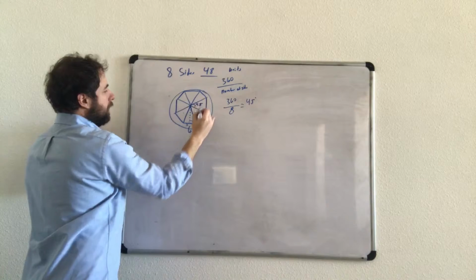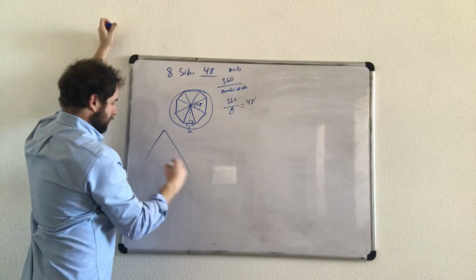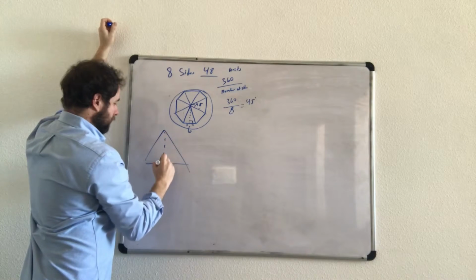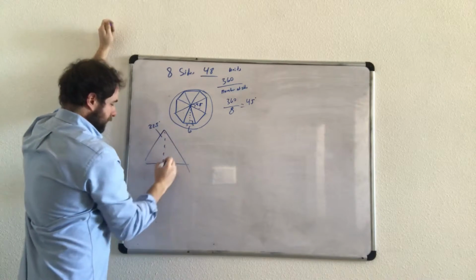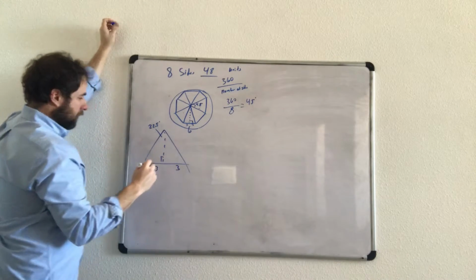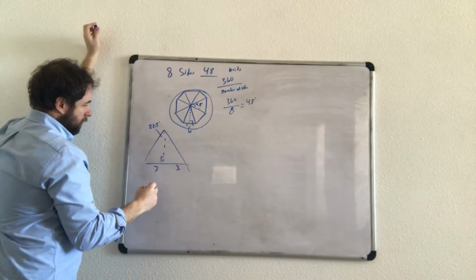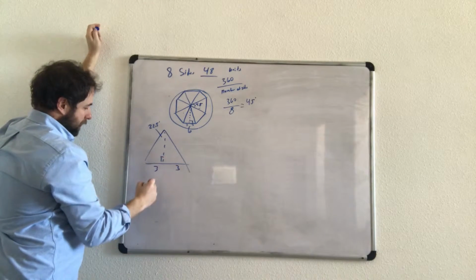Now, in order to solve for this, we make right triangles. If it's 45, that means it's 22.5 on that little part, and that's 3, and that's 3. We've got to find the height here.